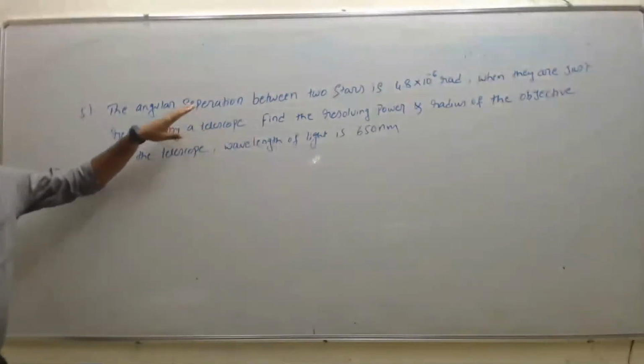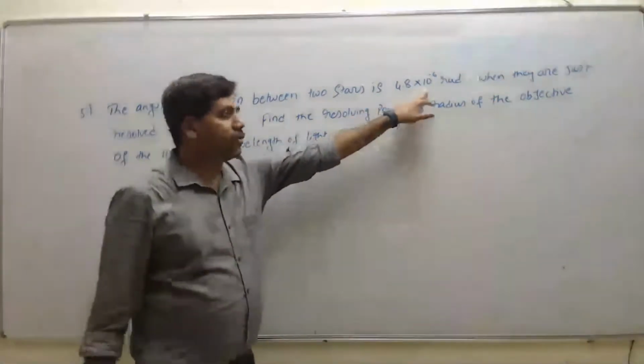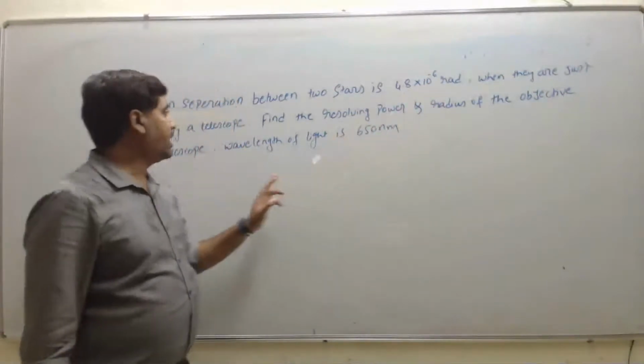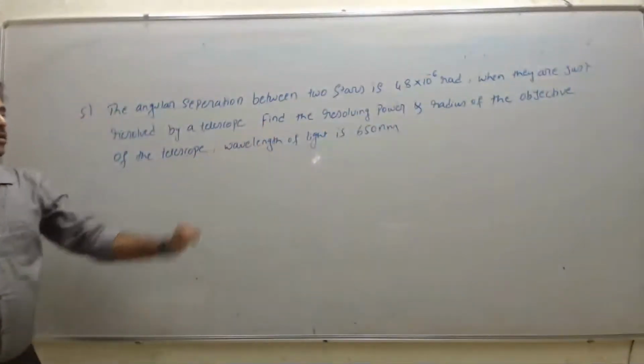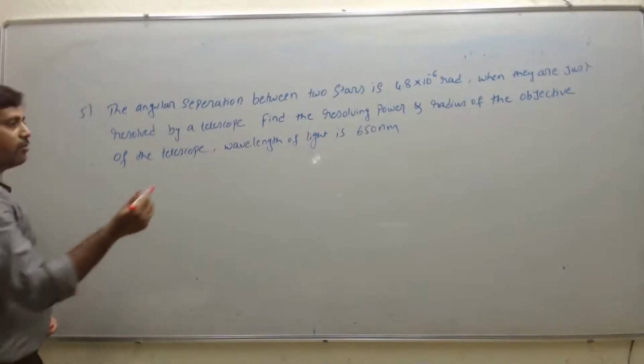Nothing but they gave the limit of resolution value, delta theta, equals 4.8 into 10 to the power of minus 6 radians. So we need to find the resolving power and the radius of the objective, that is the A value. They gave the wavelength of light.